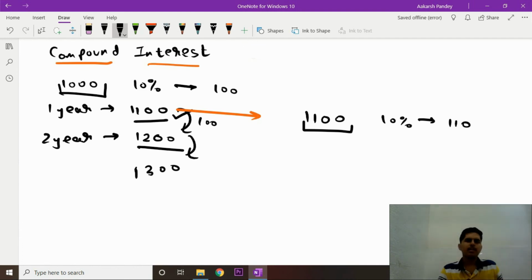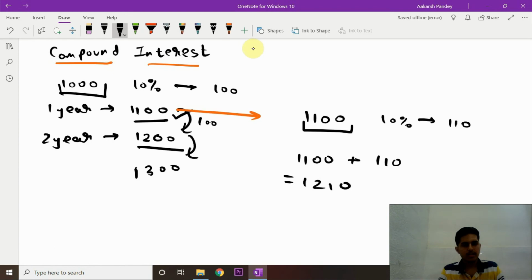If I would have kept it in the same bank as simple interest, they would offer me 1,200 at the end of 2 years. But I changed it into a new account, and according to the new account I should be getting my principal plus my interest, which is 110. So my total will be 1,210.